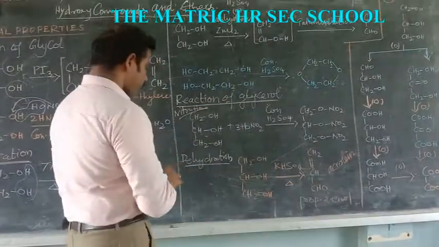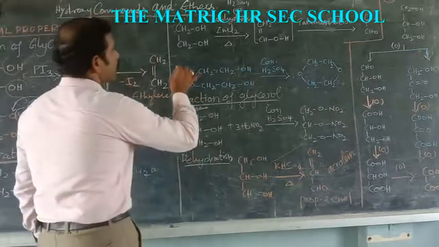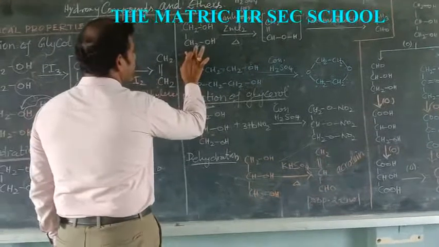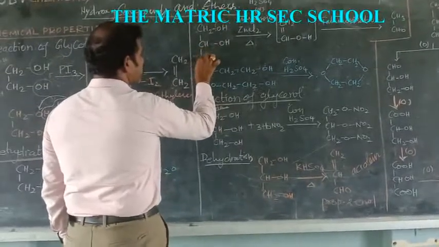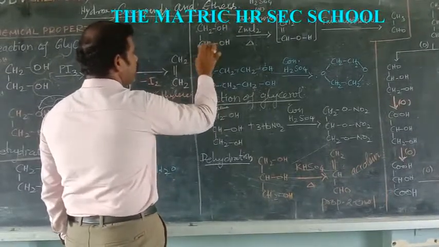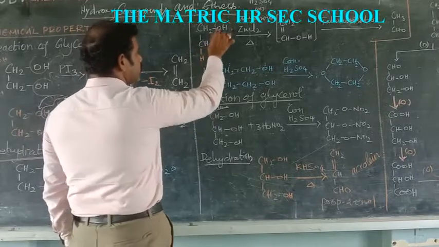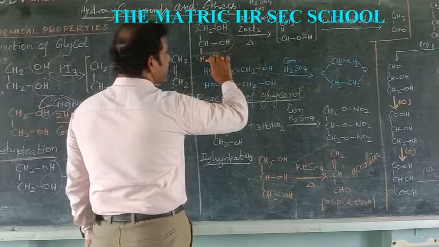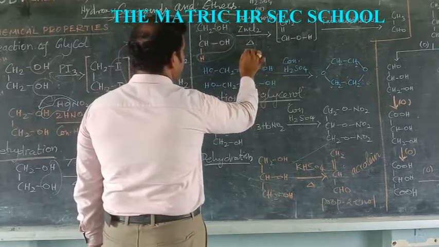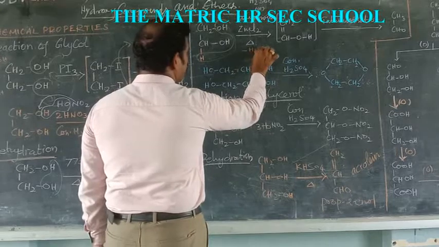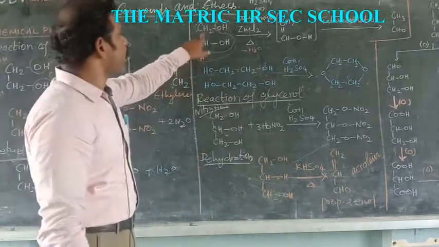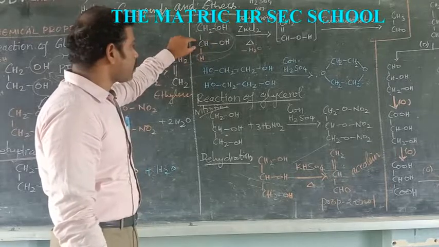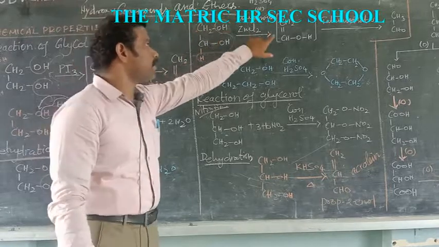So you get this. One hydroxyl group and one hydrogen go out, so one water molecule is removed, minus H2O. One hydrogen is released from the CH2 group and a hydroxyl from the other carbon, so you get a new bond at CH2.